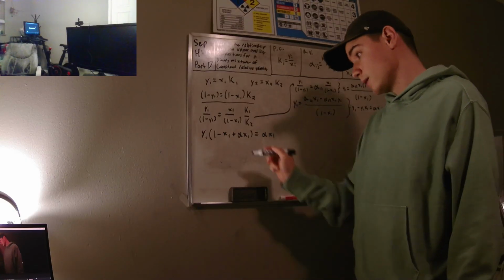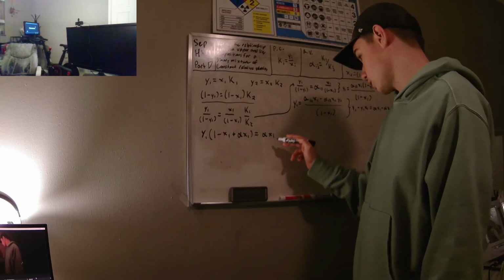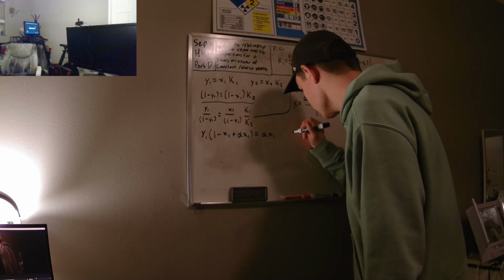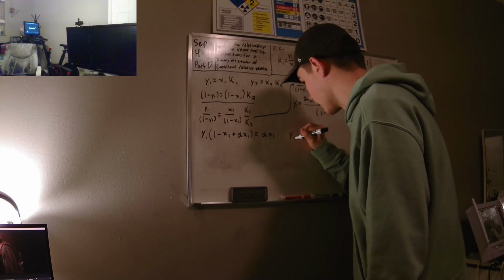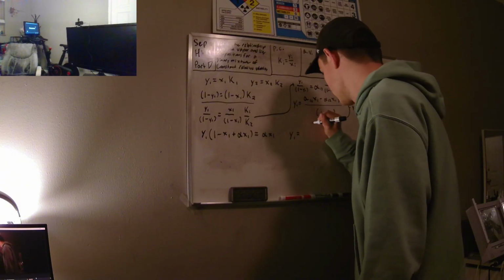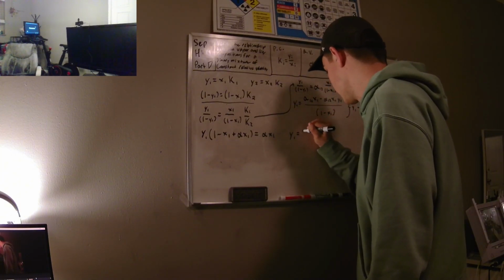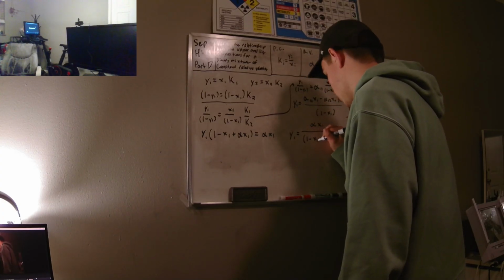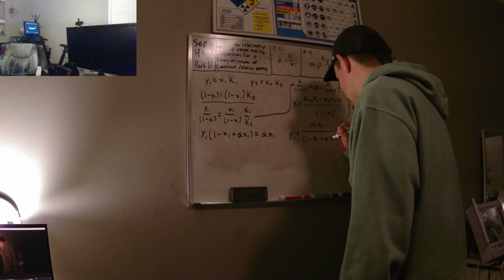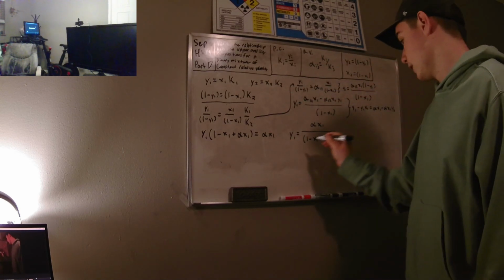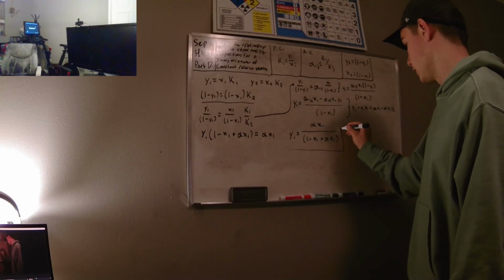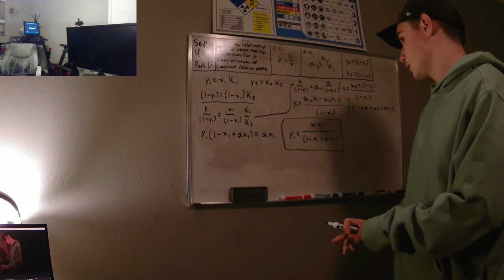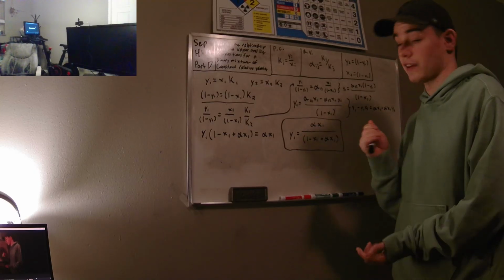And finally, we move this entire expression over to under here, we can get y1 equals alpha x1 over 1 minus x1 plus alpha x1. And this here is our relationship between the vapor and liquid components for a binary mixture with constant relative volatility.